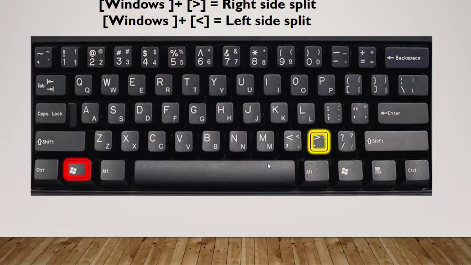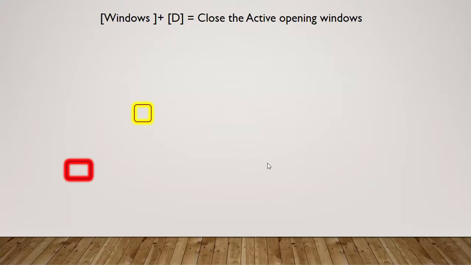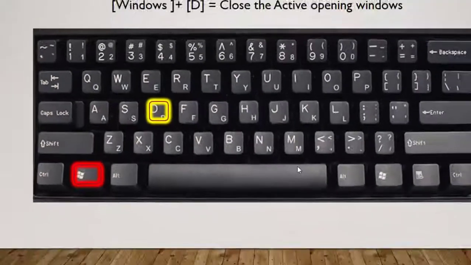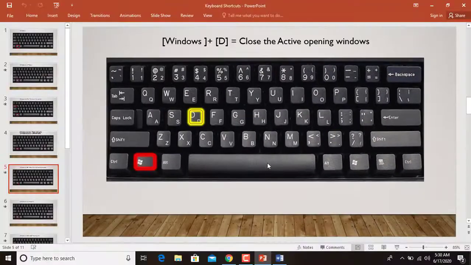The next shortcut key that we are going to see is Windows plus D. So what is the use of this Windows plus D? It is going to close all the active opened windows. Let me show you how it works. There is a PowerPoint which is open.